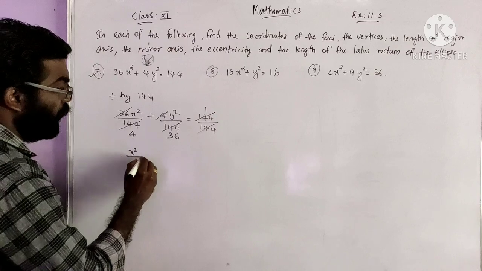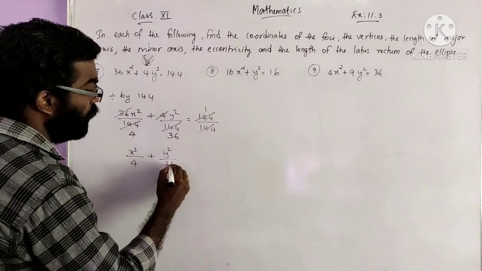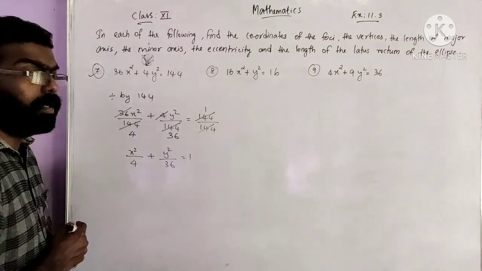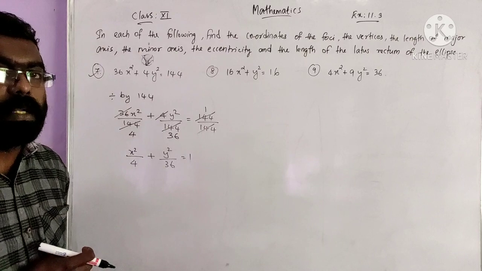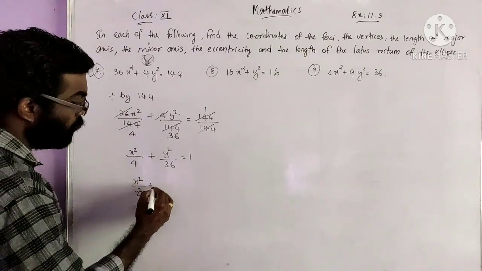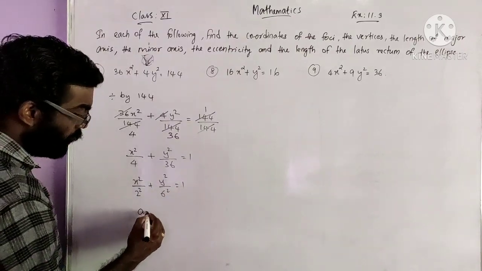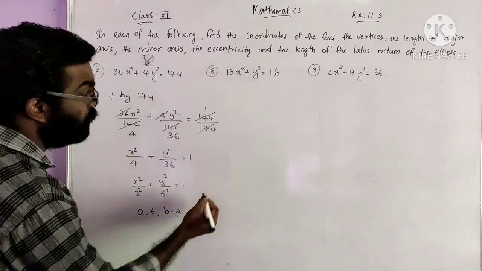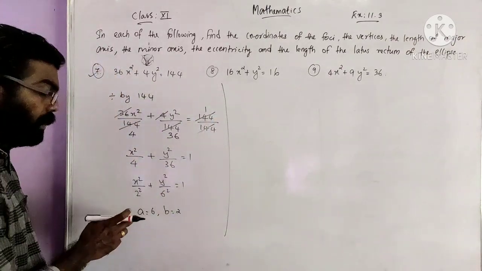So x square by 4 plus y square by 36 equal to 1. It's of the second type, x square by b square plus y square by a square equal to 1. So we can write x square by 2 square plus y square by 6 square equal to 1. From this we can write a is equal to 6 and b is equal to 2. The remaining part we can do as we have done in the previous questions.